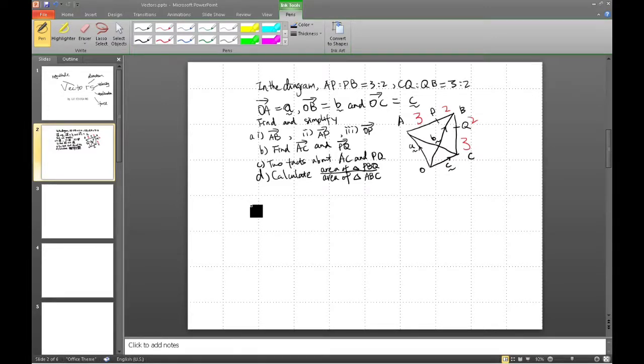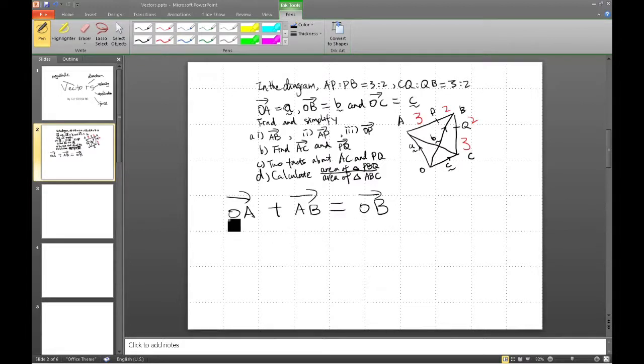Before we find AB, let's learn something about vectors. Let me write out an equation and explain how to understand it. So I have OA plus AB equals OB. Why is this equation valid?